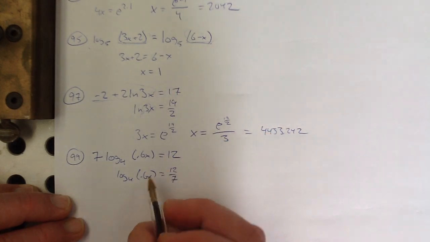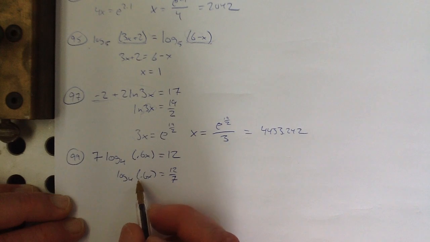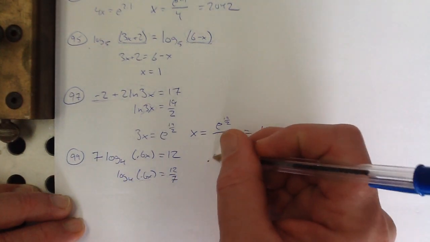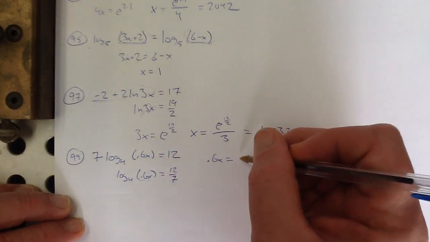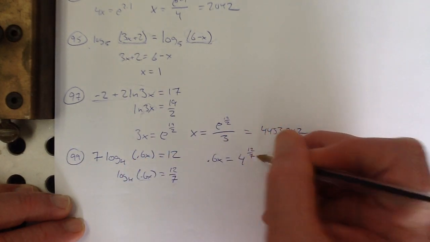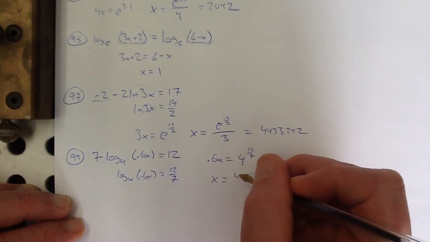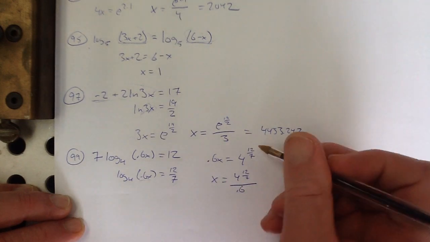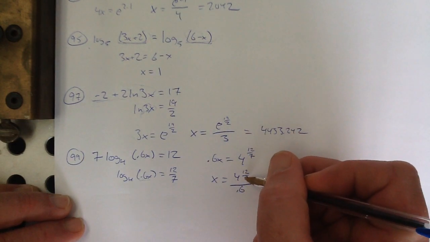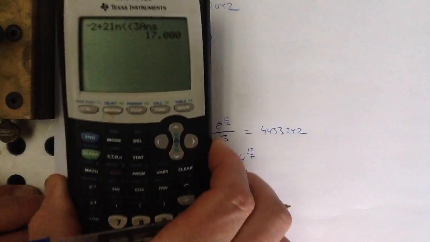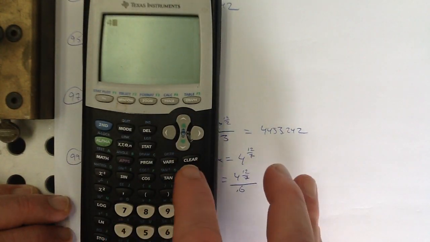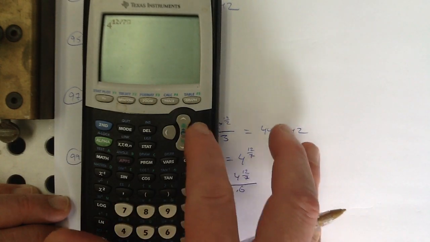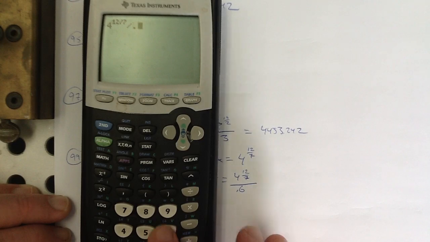And then this is a different log base, so this is now 4 to this power is equal to that. So 0.6x is equal to 4 to the 12 over 7. So x is equal to 4 to the 12 over 7 divided by 0.6. I would not try to get decimals or anything along the way. I would just leave it like this because that's no problem for our calculator, right? 4 to the 12 over 7 all divided by 0.6.